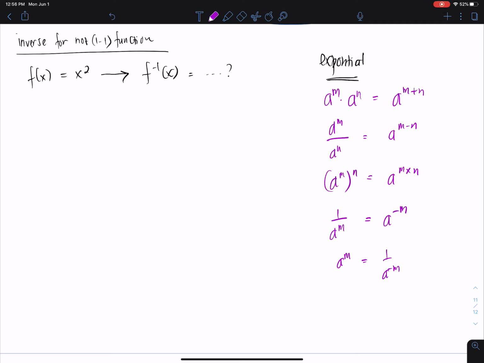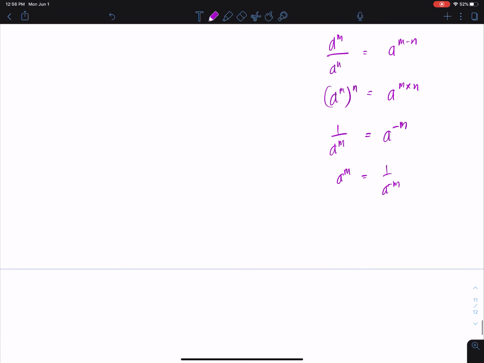These are some of the properties that you should remember. Or, for example, again, if you have a to the power of m and then the nth root, that will be m divided by n, like that.